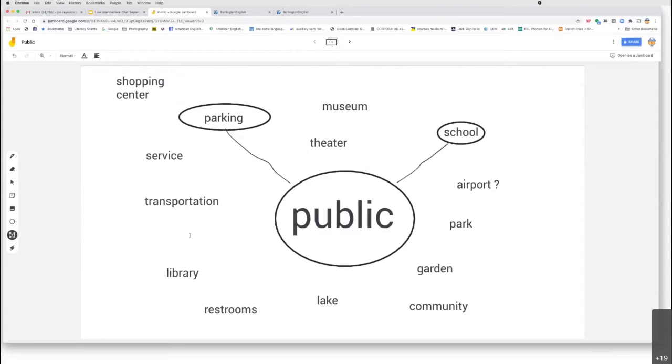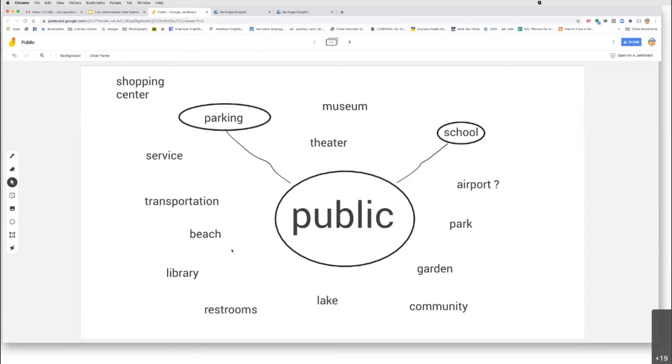Now, a couple of them, I've put some question marks next to, and that's only because my question is, in general, do we think of these as public in the same way that we think of public library? But let's take a look at the list. So we've got public service, public transportation, public beach, public library, public restrooms, okay.